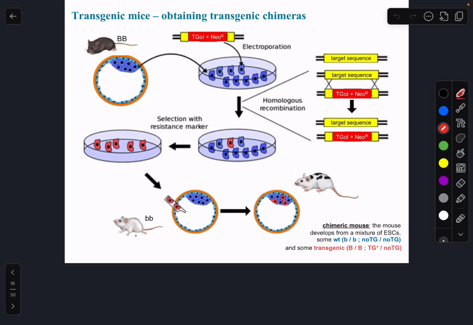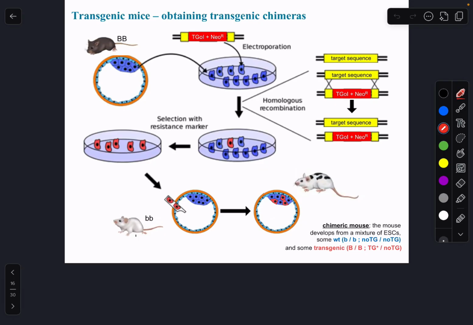So you inject those cells into the early embryo, and the hope is that some of those cells that you introduced into these embryos will intermingle with the inner cell mass of that early embryo. So now you're going to have a mixture of embryonic stem cells, some of which are from a white background, and a few of which are from a black background and carry one copy of the transgene of interest.